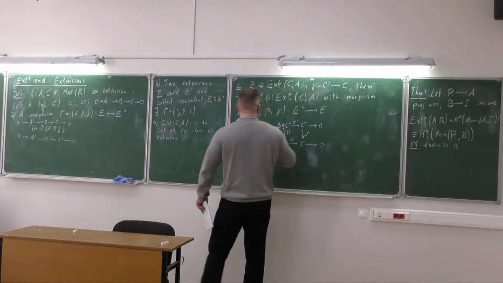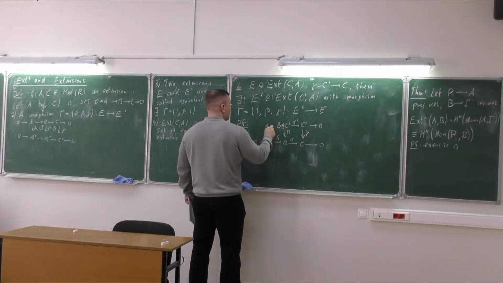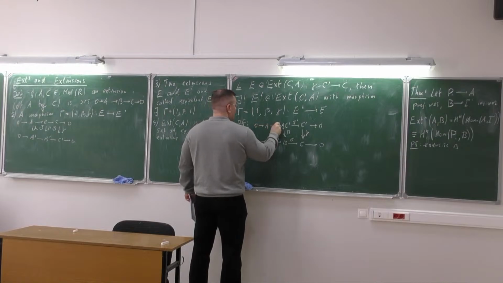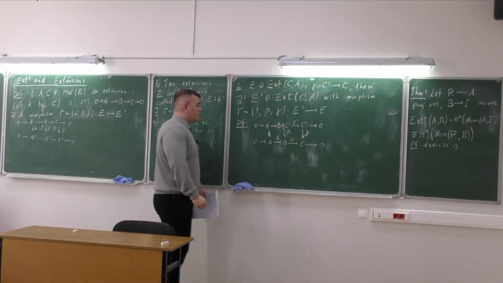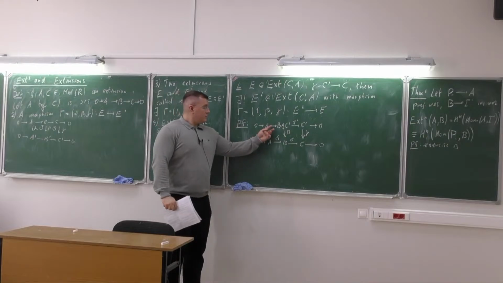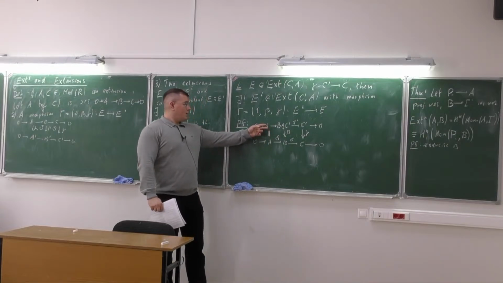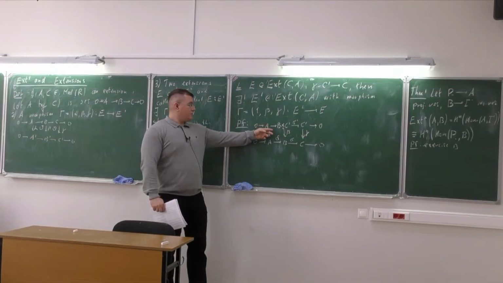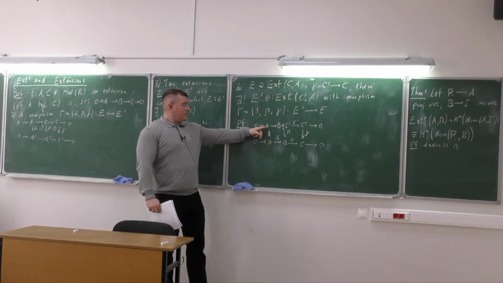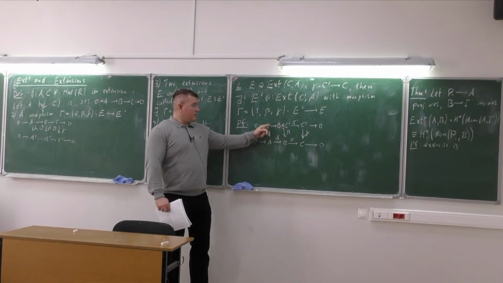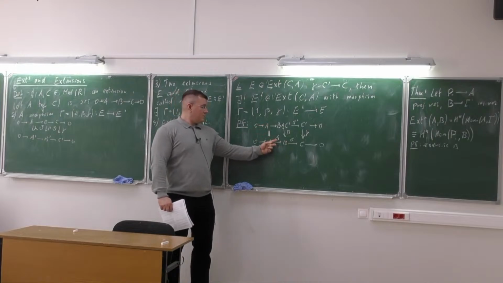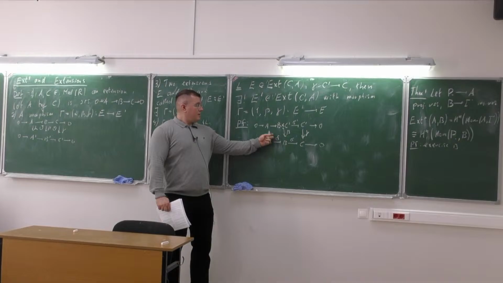And this extension is still supposed to have the same module A. But, for example, using the universal property of the pullback, I immediately get a map from the A to this pullback, right? Because I have a map from the A to the B, which is just the map delta essentially, and the map from the A to the C prime is just a zero map.